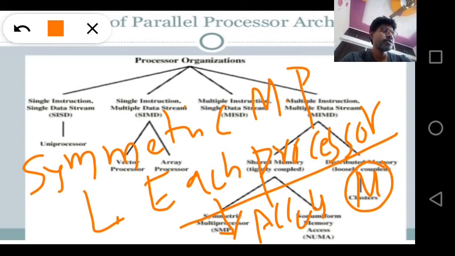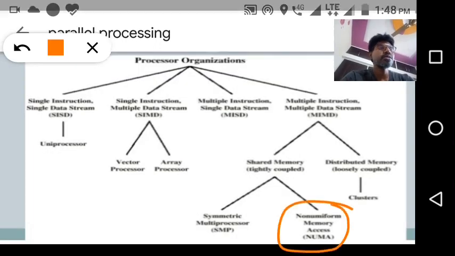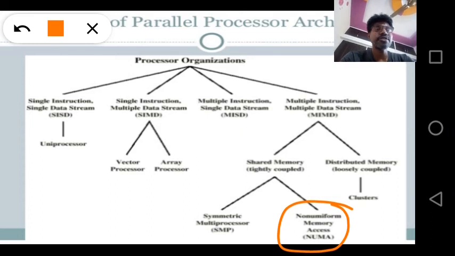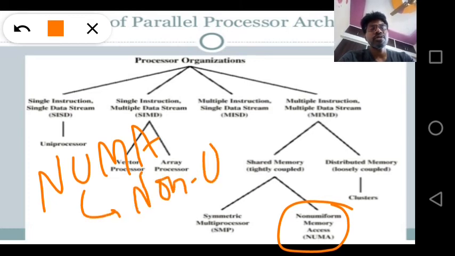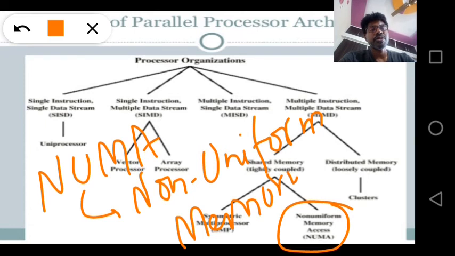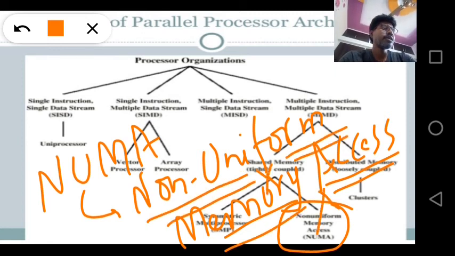As opposed to this, there is NUMA, which stands for non-uniform memory access. So in NUMA, what happens?